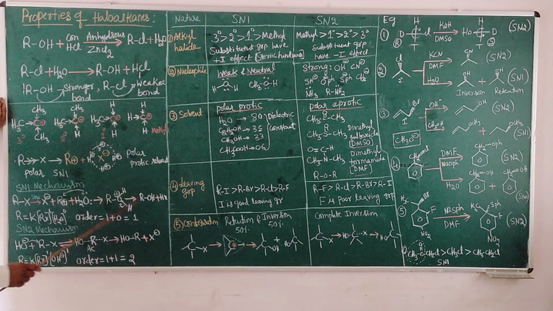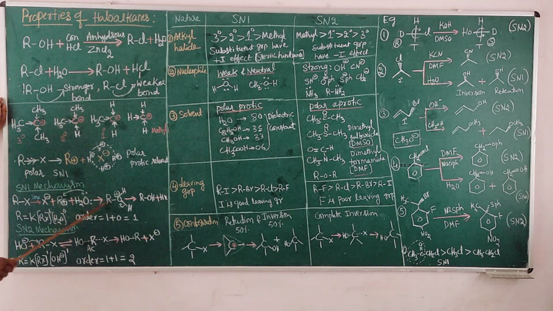It is replaced by OH minus. Finally, these are the steps involved. It follows the theory of activated complex, intermediate formation. This is carbocation formation, an intermediate. On the basis of the steps, we can study the chemical kinetics of these reactions.